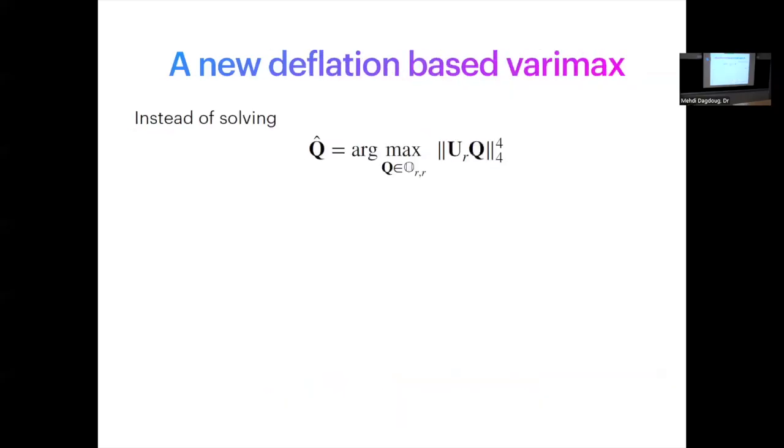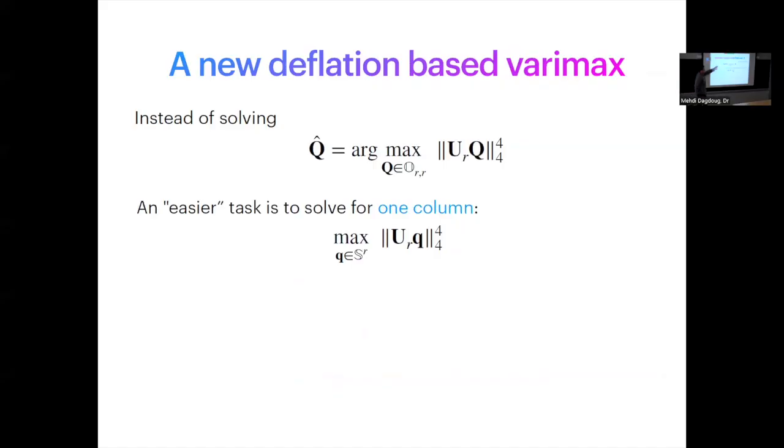All right, so now the second part is to confirm that varimax, by solving this, does estimate this Q star. And we come back to this very difficult optimization question, which is non-concave. There are many ways you can try to solve this directly, but what I'm going to propose is a simpler task.